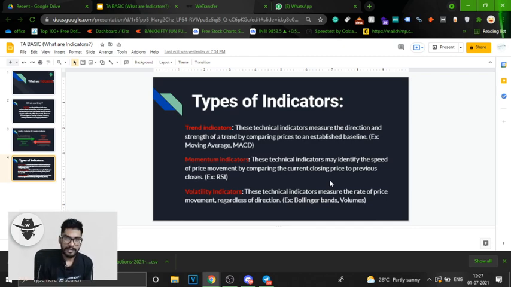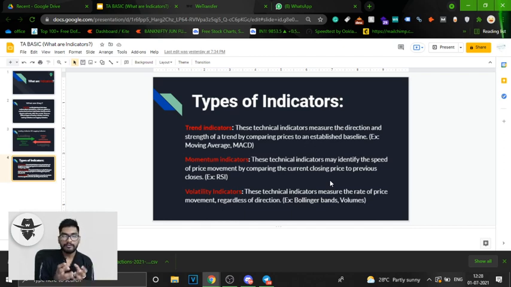Next is momentum indicator. Now, what exactly does that mean? These technical indicators may identify the speed of price movement by comparing the current closing price to the previous closing price. Now, indicators like RSI have a mathematical formula where they calculate the closing and the opening price of a couple of previous days. Like RSI has a default of 14 days.